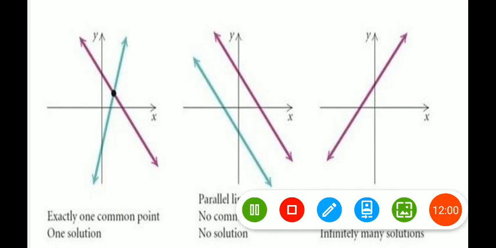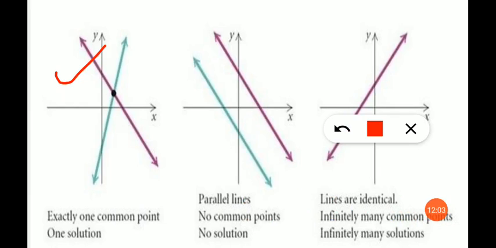The first case, already discussed, is intersecting lines. When the lines intersect, they meet at only one point, and hence there is only one solution, like in the previous example. But if the lines are parallel, then they don't have any common point, and hence there is no solution.